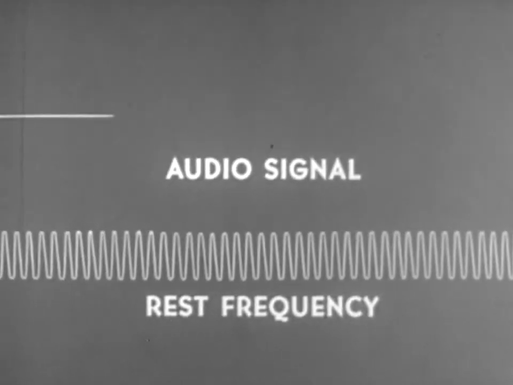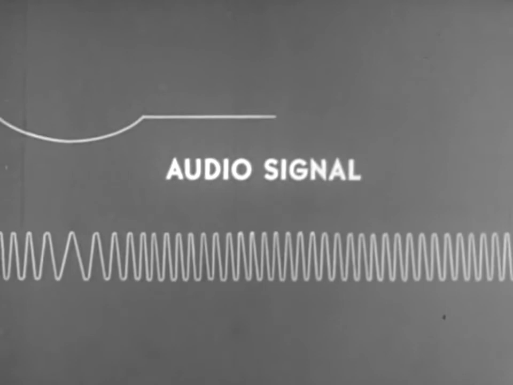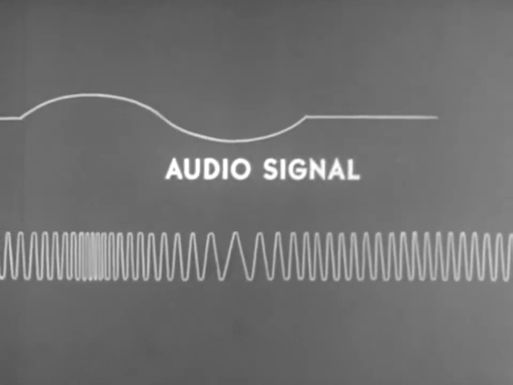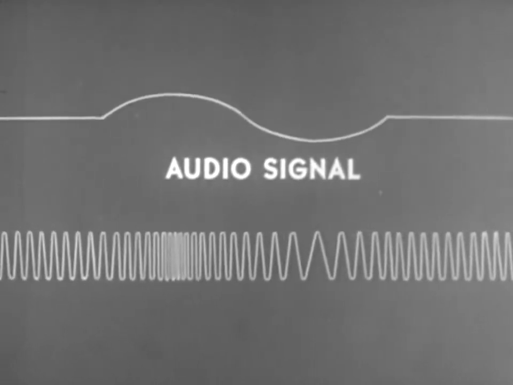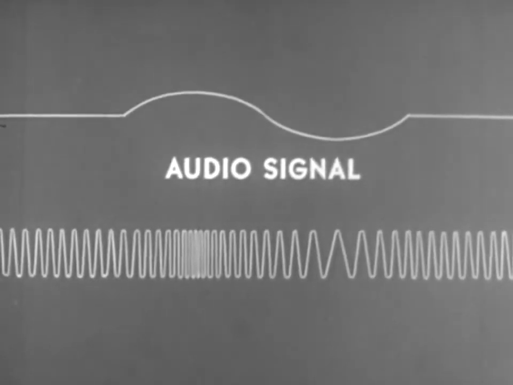For this illustration, the negative half cycle causes the carrier to drop below its rest frequency, as evidenced by the wider spaced waves. When the positive half cycle of the audio signal is added, it causes the carrier to rise above its rest frequency, as evidenced by the narrow spaced waves. This is an audio signal of one complete cycle with a corresponding frequency modulated RF wave underneath it.